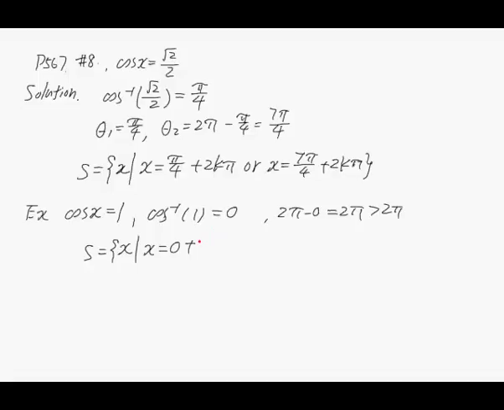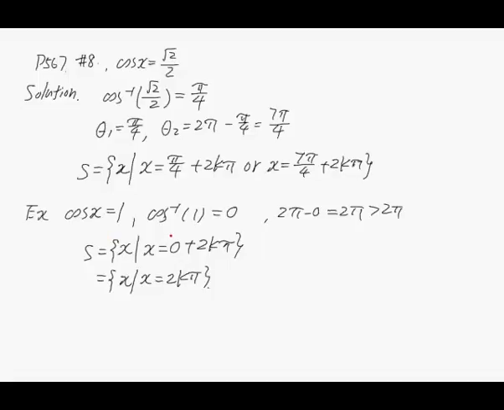So that is 2k pi. Then you may simply write this as the set of x such that x is equal to 2k pi. So this is the solution set for this equation cosine x equal to 1.